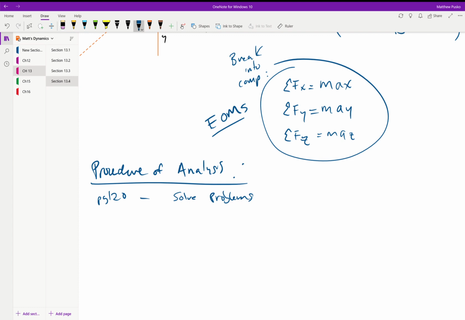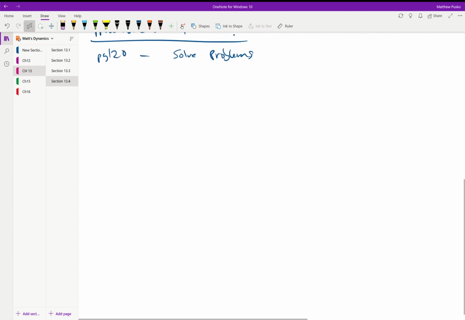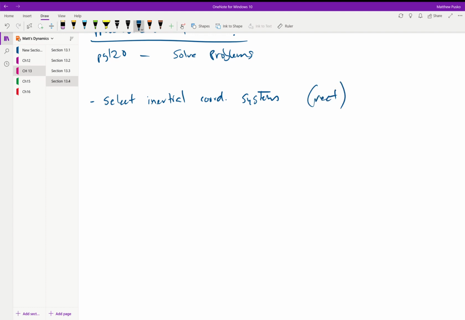This is going to give us a kind of a checklist of what to do. First thing is select your coordinate system, your inertial coordinate system. Okay, in this case, or most often, we're going to be talking about rectangular. I'm going to do some example problems, and then we'll move on to tangential and normal components.